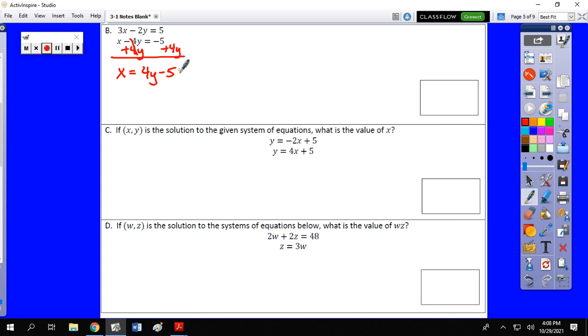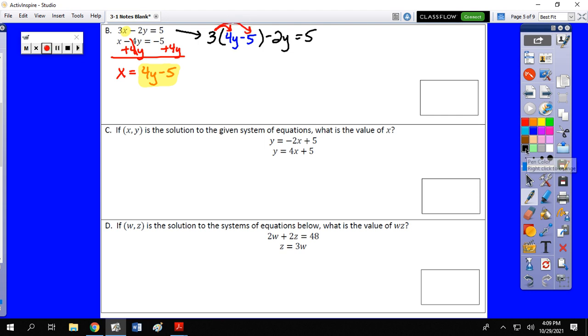Now the reason we want that is we're going to take 4y minus 5 and substitute it into the first equation in the place of x. So that would give us 3 times 4y minus 5, or 3x, minus 2y equals 5. That equation only contains y and therefore can be easily solved for y.